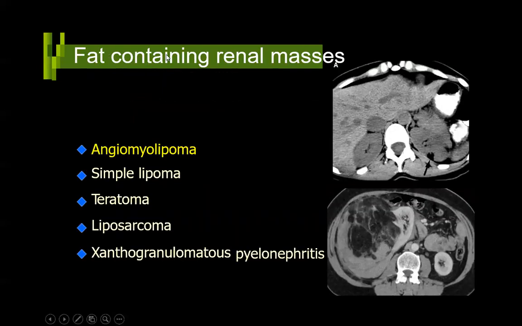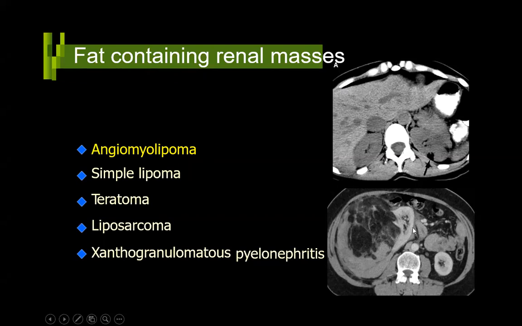Now, the fat-containing lesions are usually the ones which are considered as benign. The most common one is going to be angiomyolipoma. So angiomyolipoma, it is, angio means from vessels, myo means from muscles, and lipoma means from fat. So it has all these three components. So it will have vascular component, it would have smooth muscle component, and would also have fatty component.